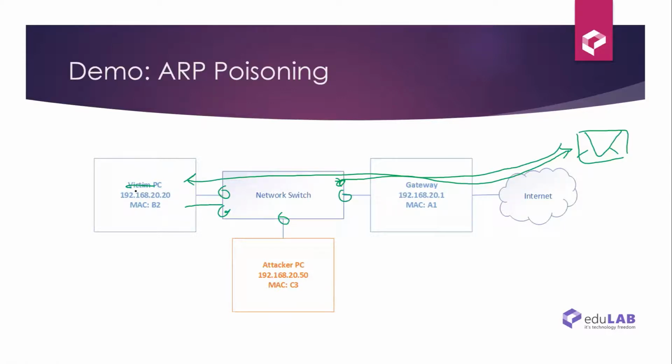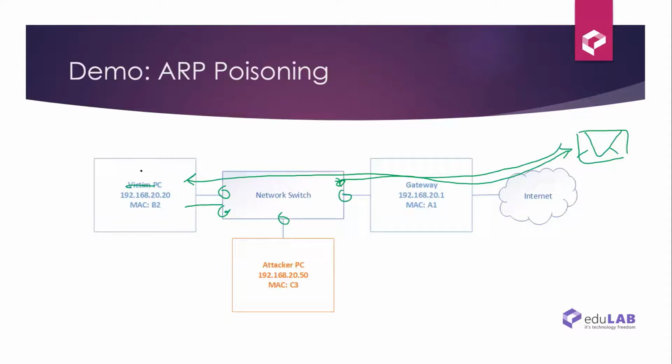But what happens when we put the attacker's PC in between and it starts doing ARP poisoning? ARP poisoning, in other words, is going to lie about the IP address and the MAC address.